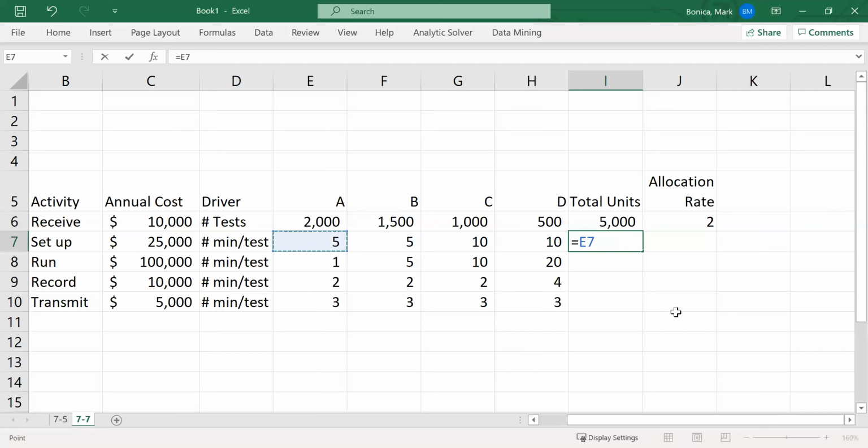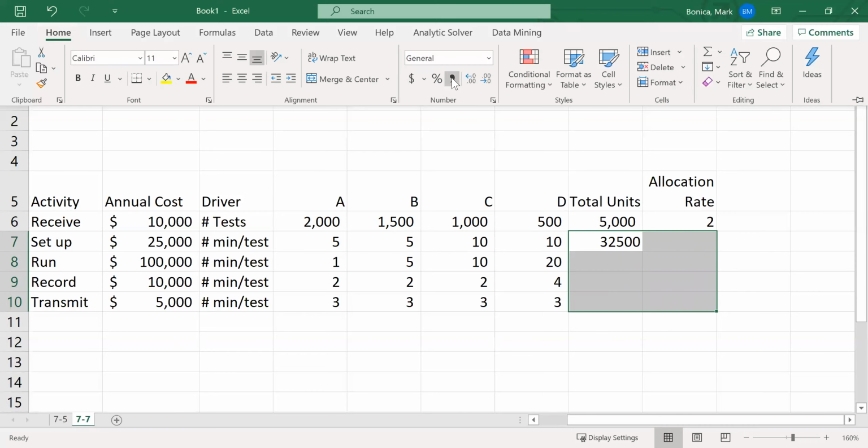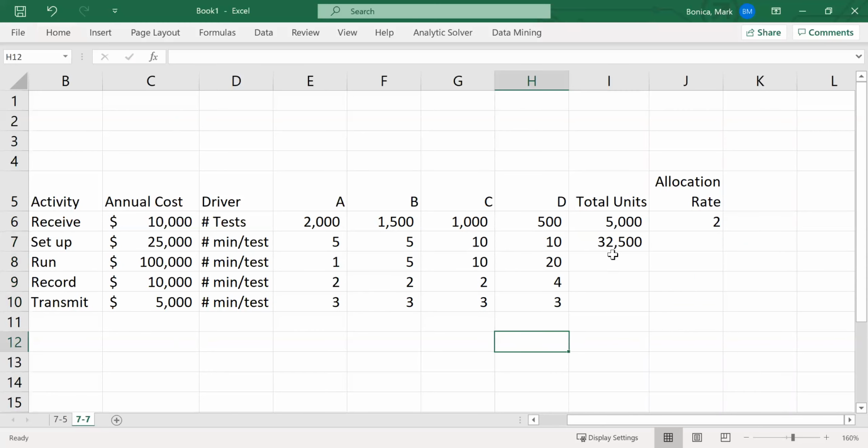So I'm going to say 5 times 2,000 plus 5 times 1,500 plus 10 times 1,000 plus 10 times 500. The total number of minutes of setup is 32,500. Let me make that look a little nicer.